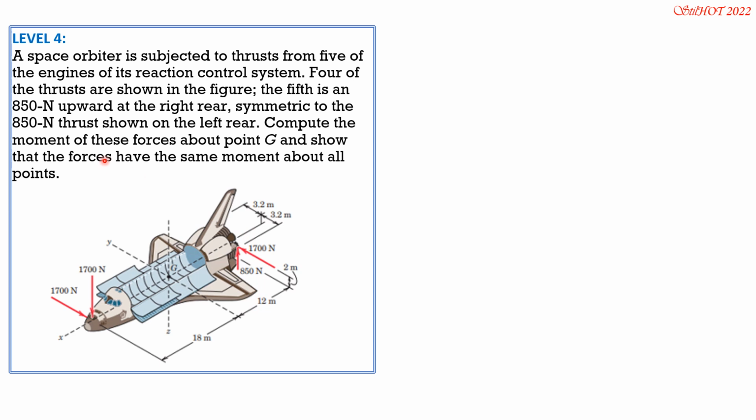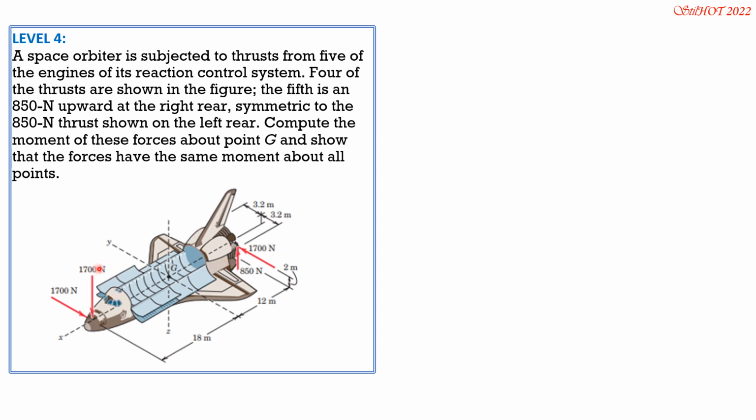So let's compute the moment of these 4 forces about point G. Remember that there is an 850 hidden here. 850 plus 850 upward on a symmetric axis is 1,700, also the same as that.